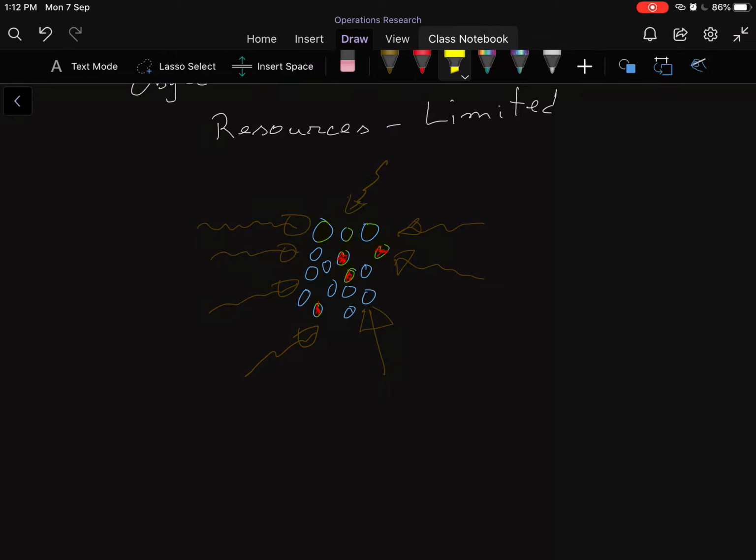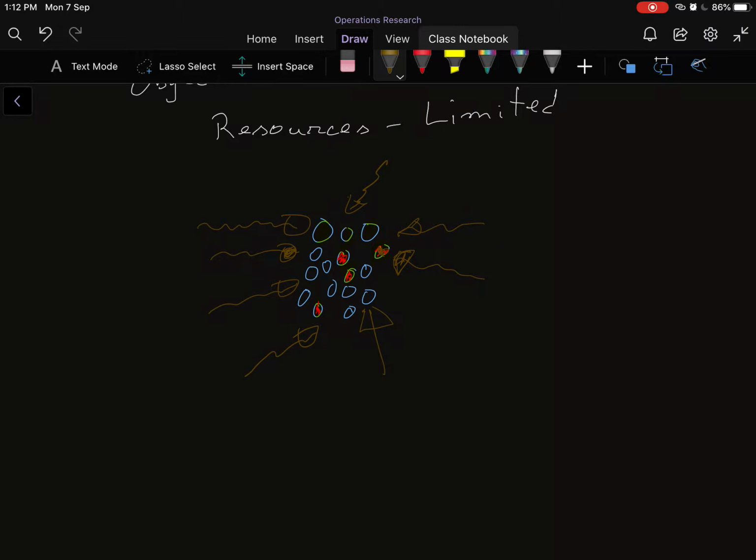But now see, what happens is that this particular radiation can hit one cancer cell directly, but what about this one?